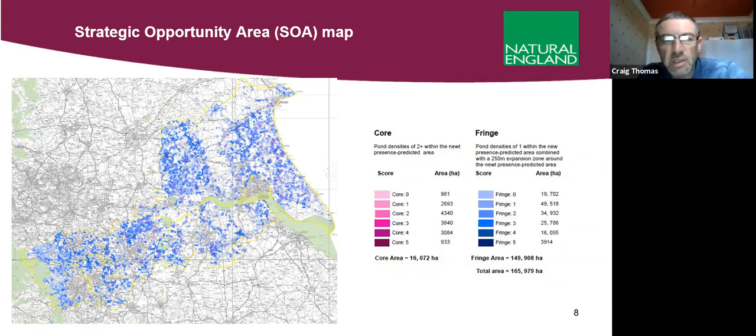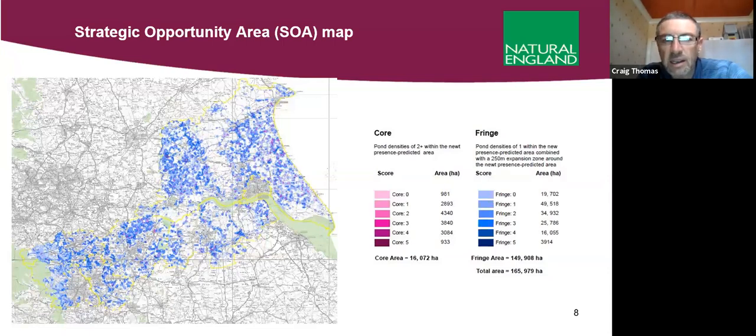What that means is we produce these maps that define core habitat variables that are suitable for ponds and suitable for the species. It looks at drainage, but it also looks at pond density and the terrestrial habitat around those ponds. So you can have ponds, but if the terrestrial habitat's not there, GCM will be absent. So this is where the strategic opportunity area maps come in.